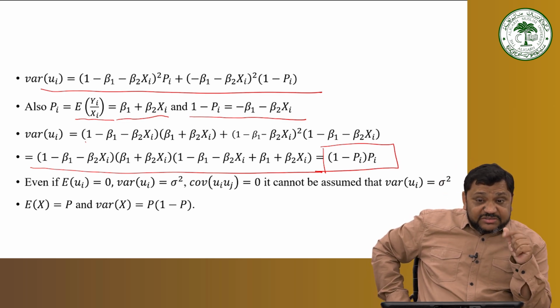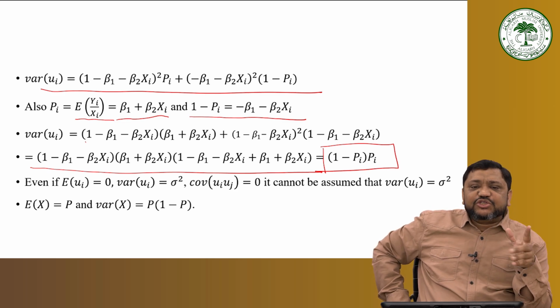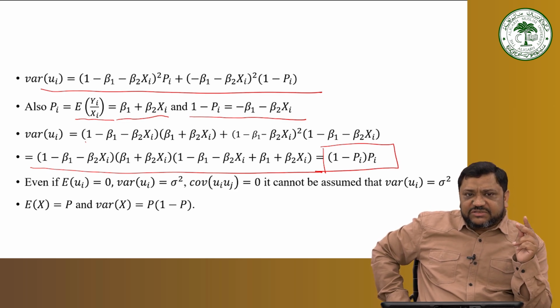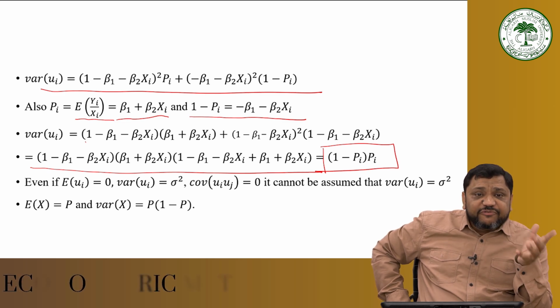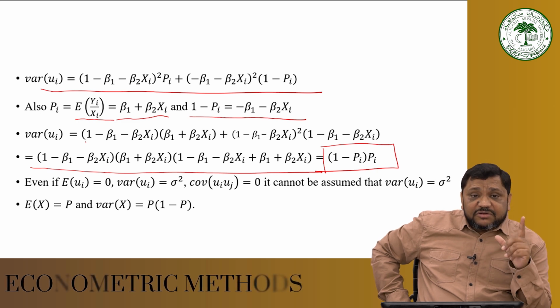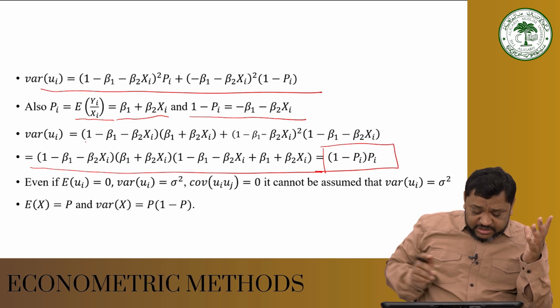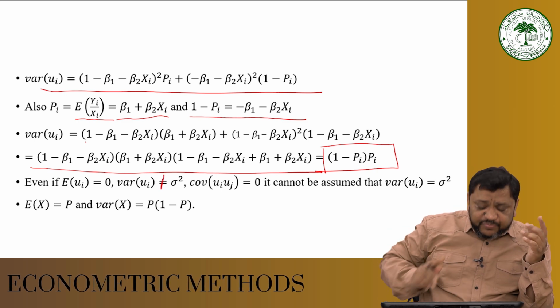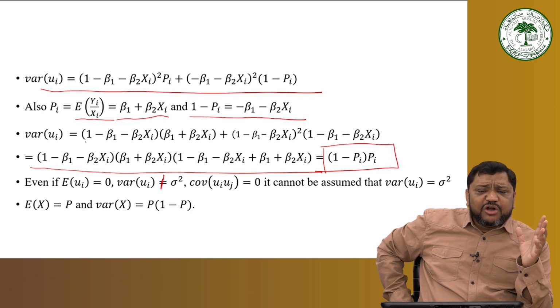So the variance is not constant and it changes with the probability of success, meaning that even if the expected value of ui is equal to 0 and the variance is taken as sigma square, the variance is not equal to sigma square, and even the covariance of ui uj cannot be assumed 0.